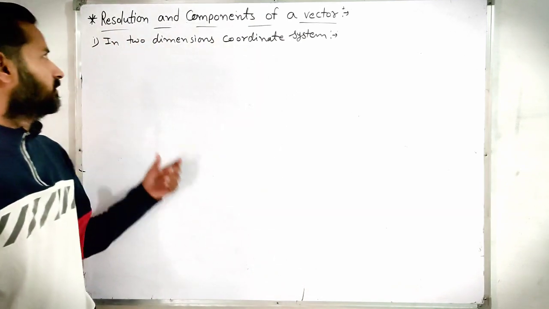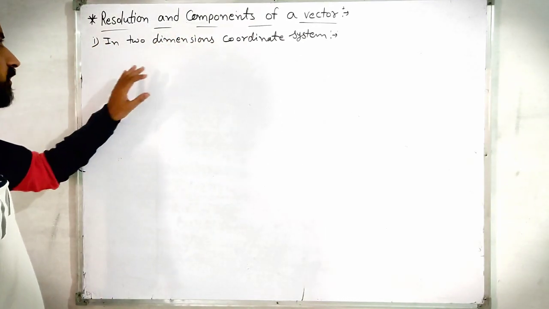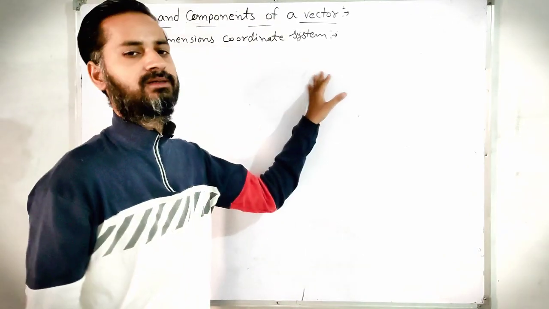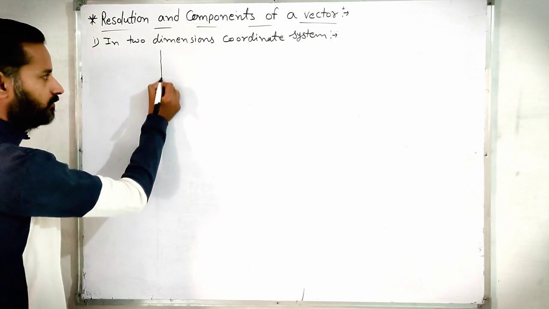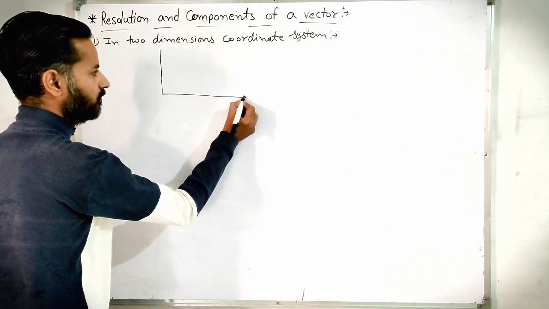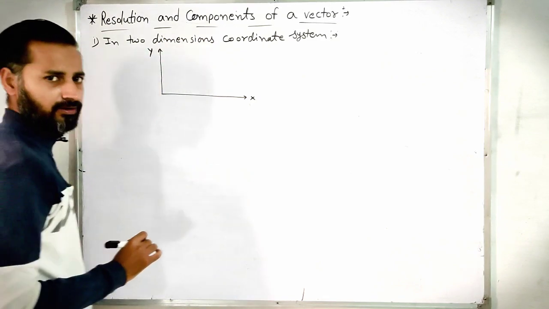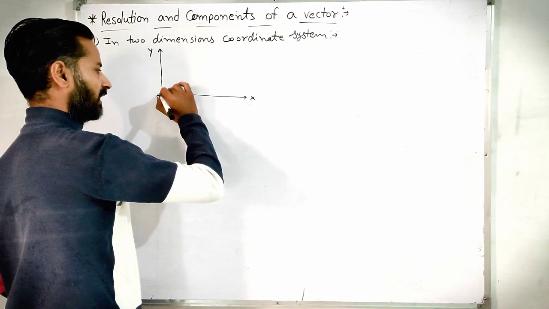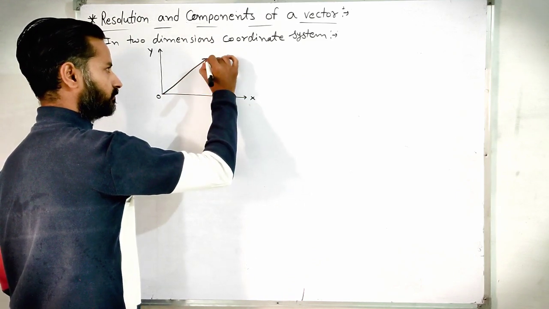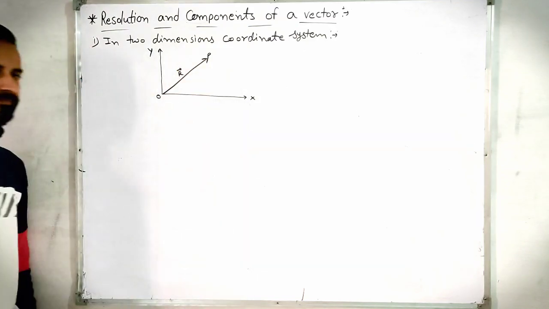Our next topic is resolution and component of vector. First we will find the component of a vector in a two-dimensional coordinate system. For this, let we have a two-dimensional system of axes x and y, and in this system we have a vector OP of value r.